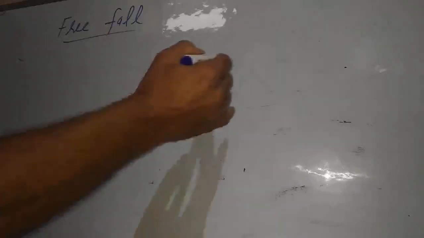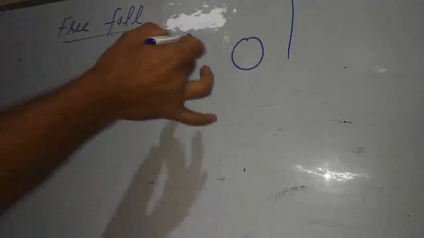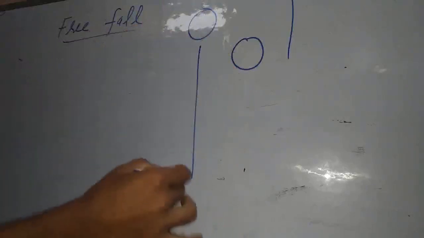If there is no other influence on the body, for example, if this is a body and I throw this body upwards, and it goes up in the air, up in the space, if there is no other force other than gravitational force, this ball will come down after attaining a certain height.